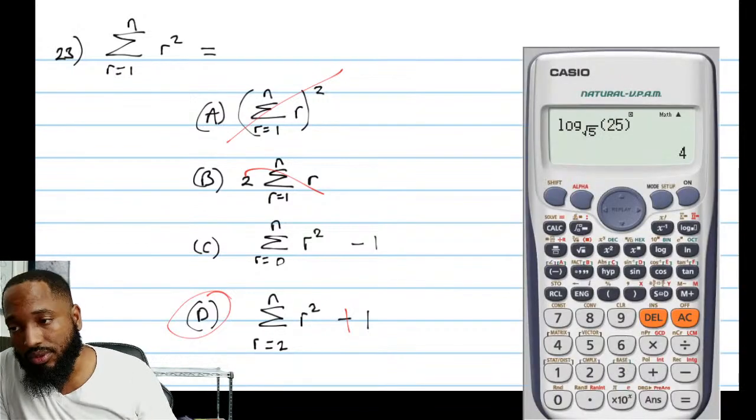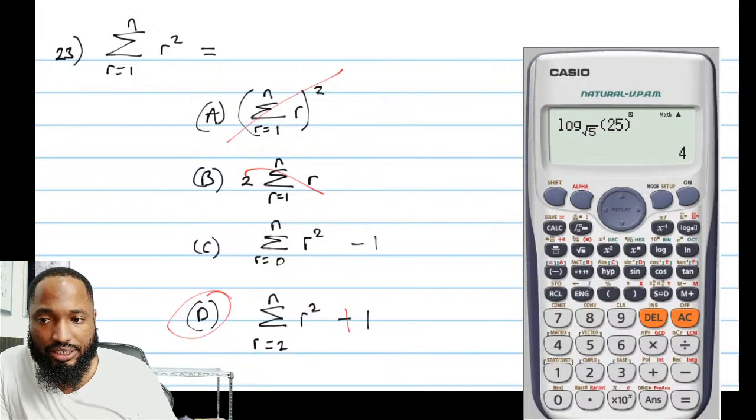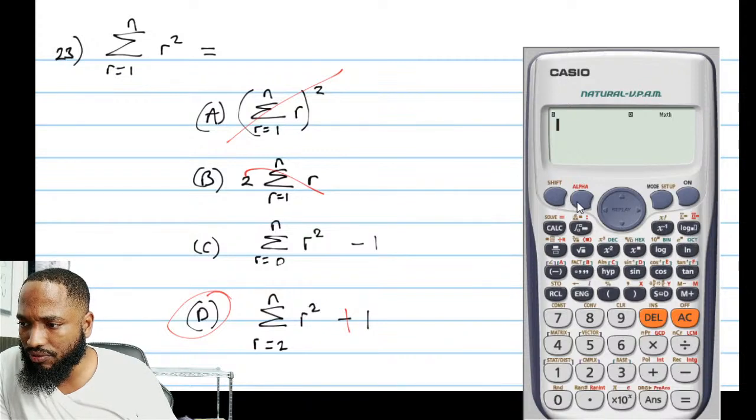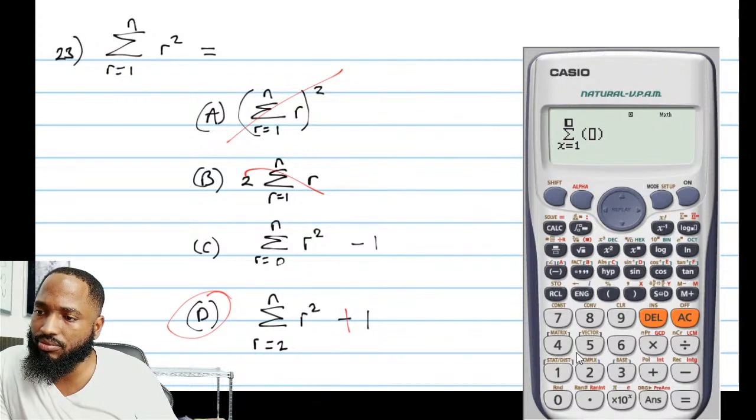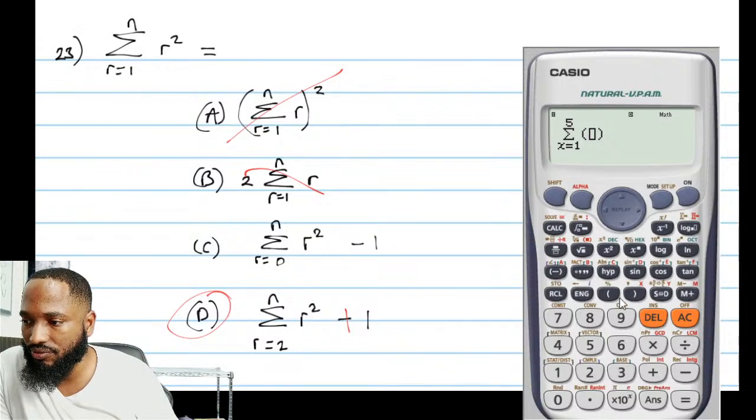Substitute a value and use your summation: shift, sum, x from 1 to n, with n as 5, and put x squared there. That gives 55.